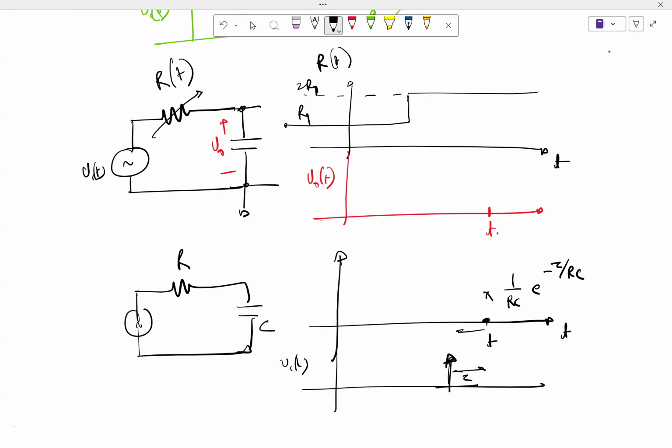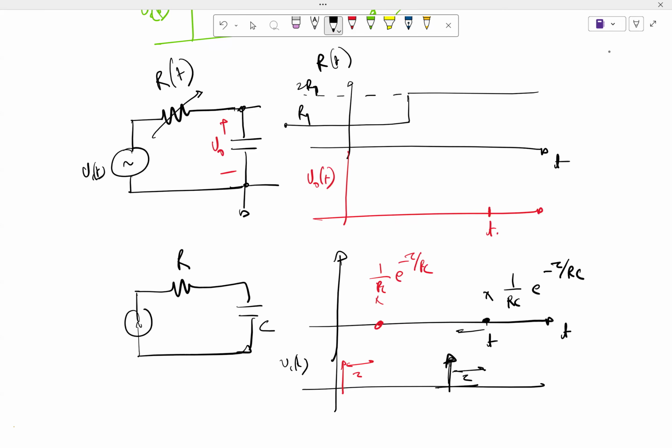If I had chosen to observe it here, for an input, again, that is applied tau before, I would have gotten the same value, right? I would have gotten 1 over RC e to the power minus tau by RC. Correct? Now let's switch focus to the time-varying case.